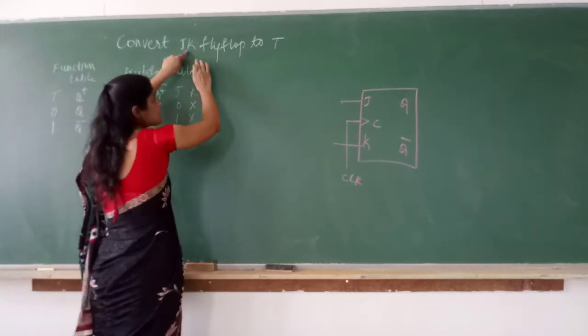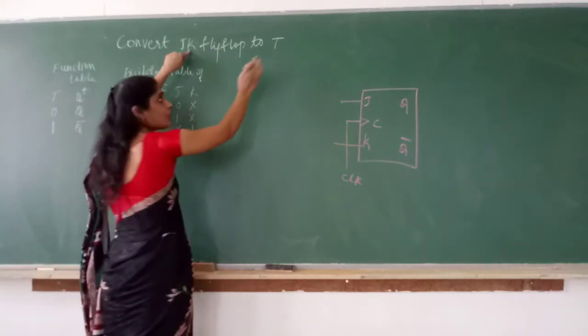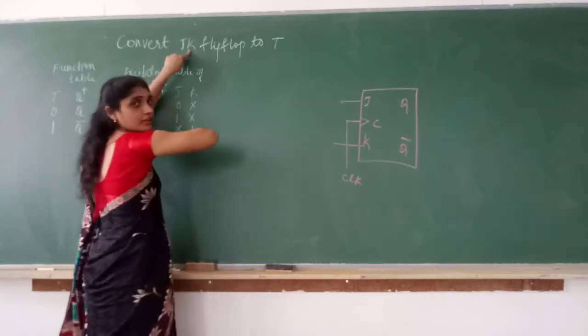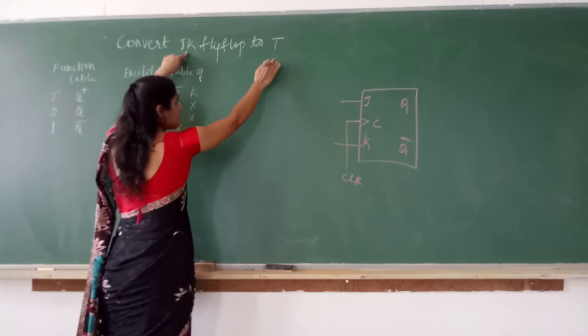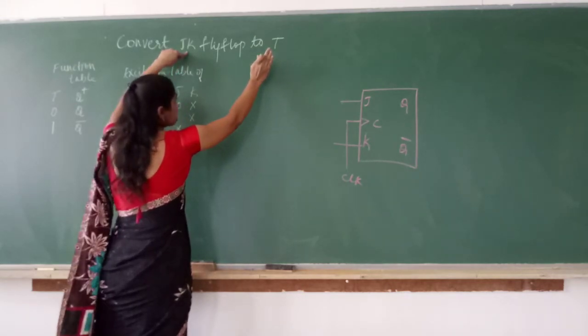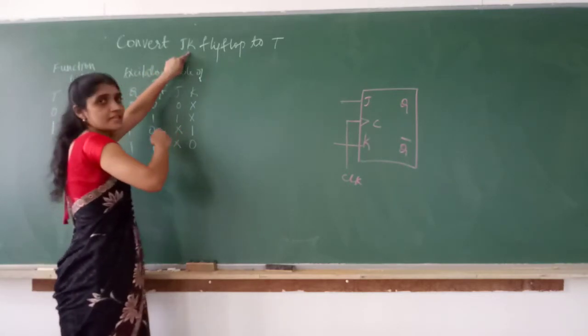If you are converting SR flip-flop to D, keep the excitation table of SR flip-flop and the D flip-flop function table. If you are converting D flip-flop to T, keep the T flip-flop function table and the excitation table of D flip-flop.